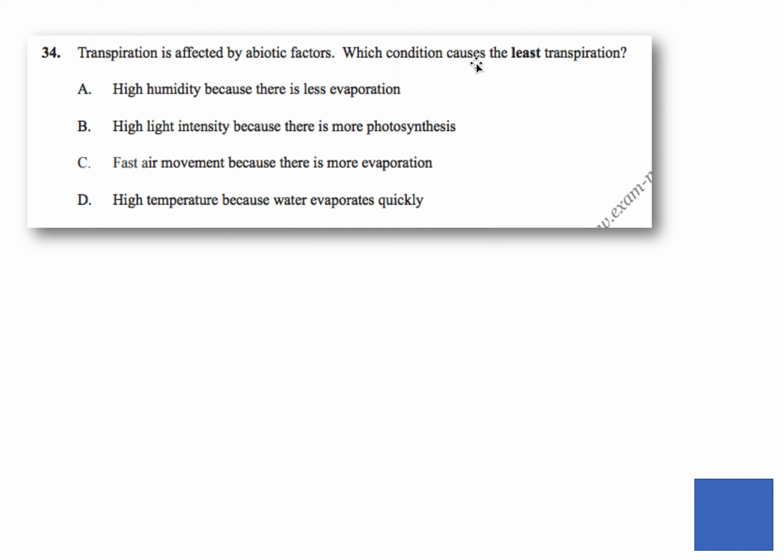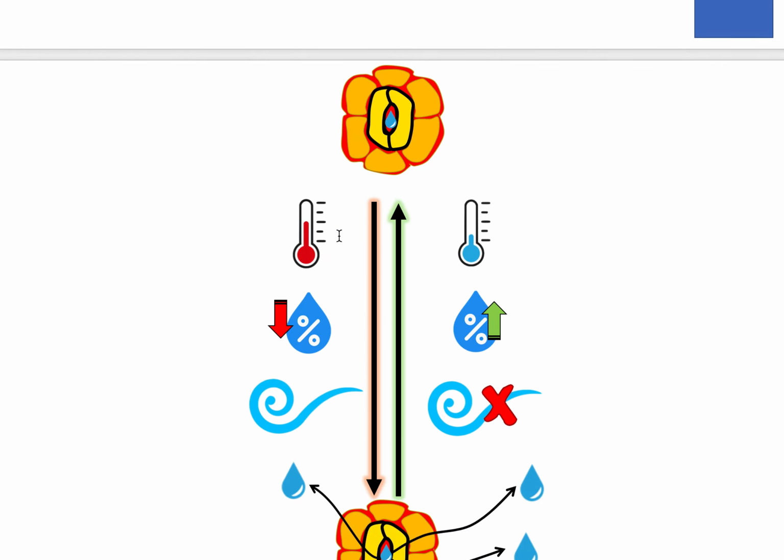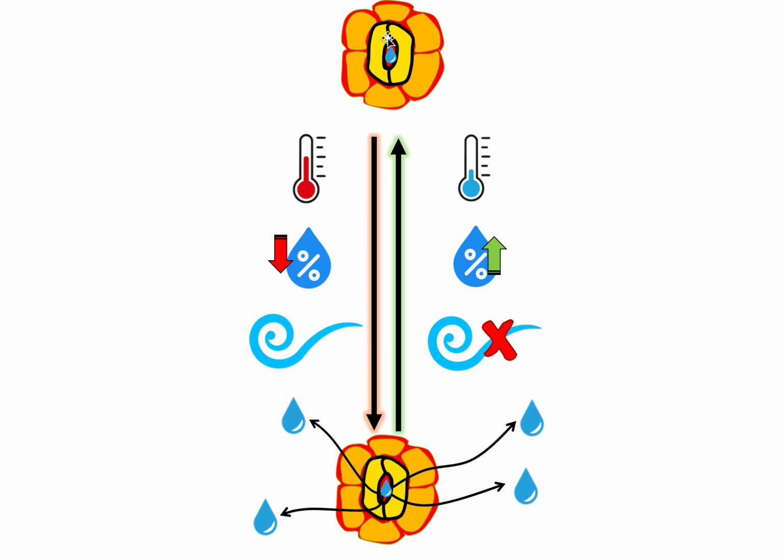So which condition causes the least transpiration? Can it be A? First, I'll show you here a little diagram I made in my teaching video. You can see here, this is a stoma. A stoma is a structure on the leaf of a plant where the plant sweats from. It's kind of like the sweat gland of a plant. You can see there's water that leaves through this little hole here.